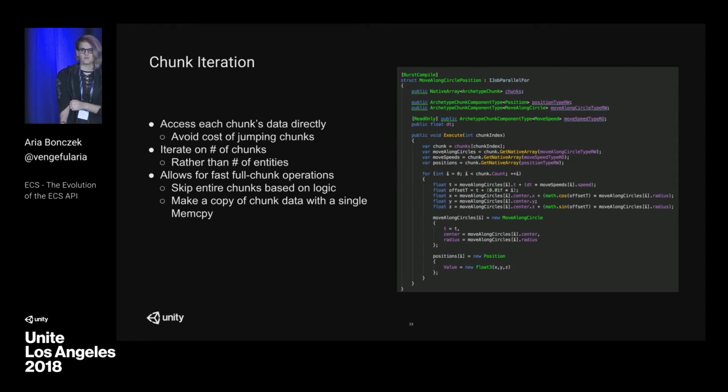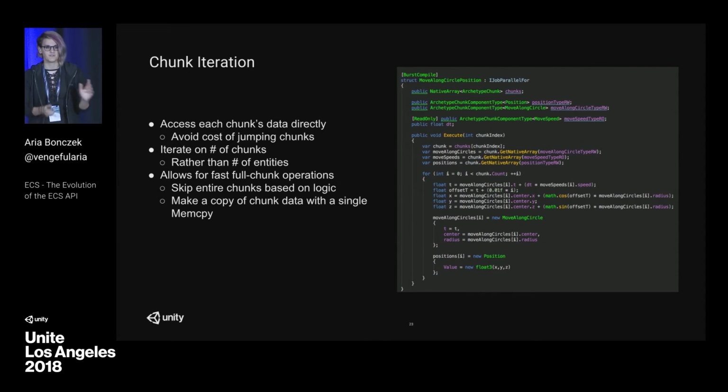Well, we can do something called chunk iteration, which basically just means, why rely on the component data array to actually get the data from the chunks for us? Why not go to the chunks and actually ask for the data ourselves?